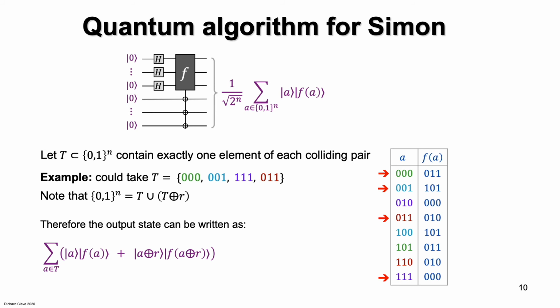Now, since f satisfies the Simon property with the associated R, for each A we have that f of A equals f of A XOR R. That's exactly what the Simon property says. So we can write the sum like this. Here's the state after the query again.